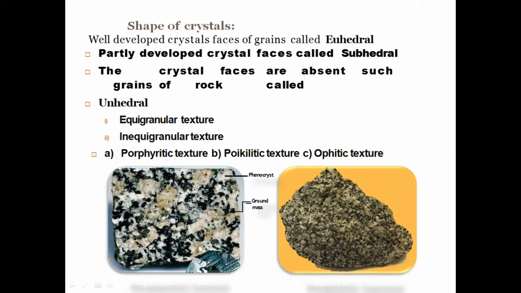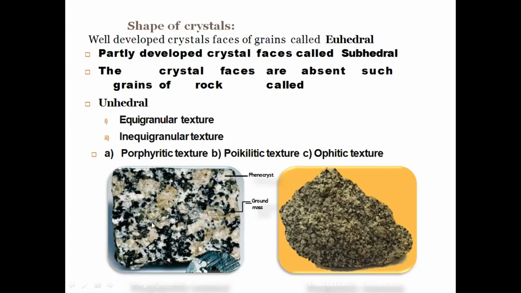Poikilitic texture is one in which we have one big crystal, and it is more advanced, more related to petrography. For example, you have a large crystal and you see small crystals embedded in that.